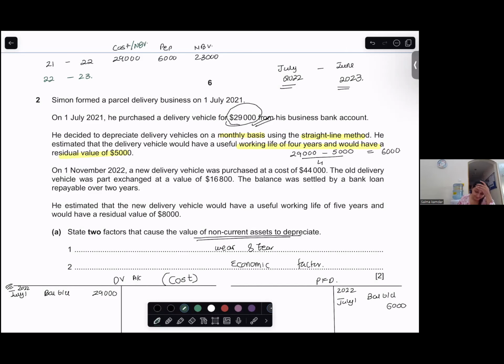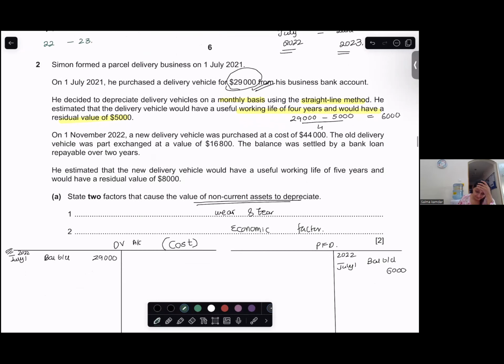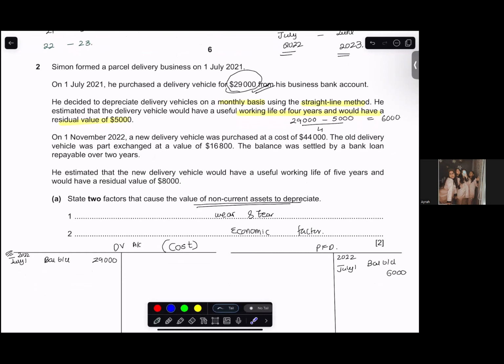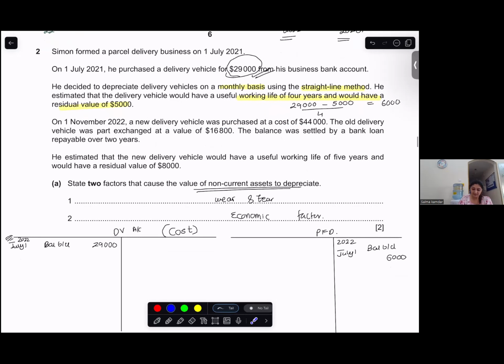Read it. On 1st November 2022, a new delivery vehicle was purchased at cost of $44,000. The old delivery vehicle was part exchanged at a value of $16,800. The balance was settled by a bank loan repayable over 2 years. Okay, fine. So it means that you have purchased a new vehicle.